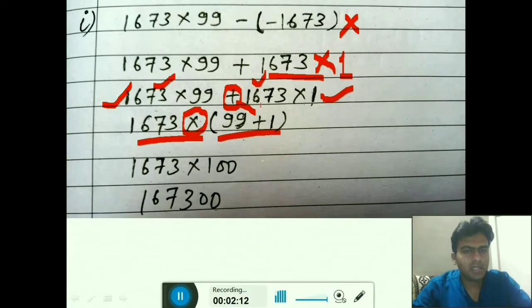A plus sign is given, so inside the bracket we write plus. Now 1673 into what? 99 plus 1 equals 100. So now we can easily multiply 1673 into 100, which equals 167,300. I hope you understood.